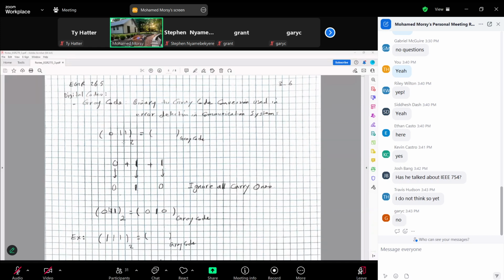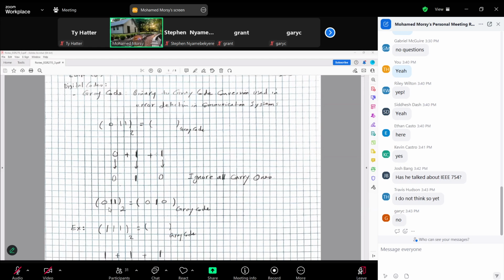For example, to convert 110 as a binary to Gray code, we put 110 here. Then start from the most significant bit. We copy the bit, either 0 or 1, as it is. Then we add, binary addition.